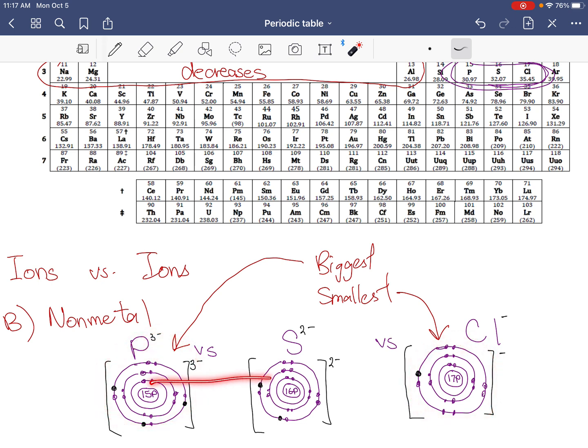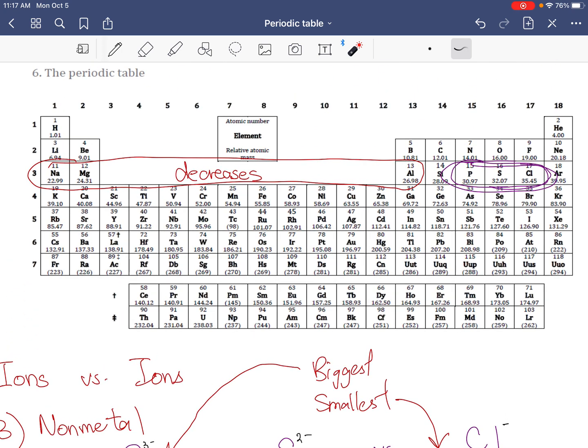So going across the periodic table, again, you're decreasing. Okay, so let's write that down. Oh, I'm glad you guys are hearing this bell. So this decreases.